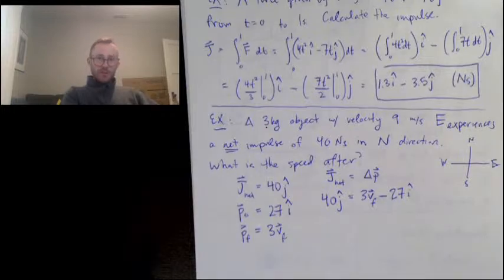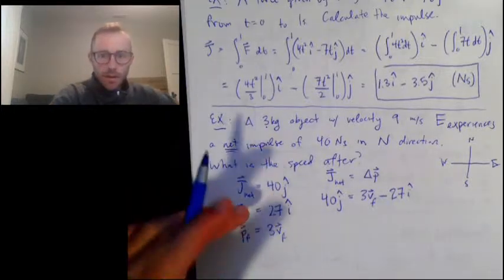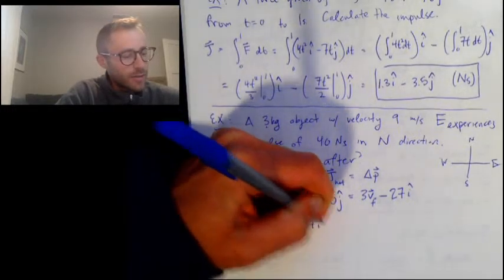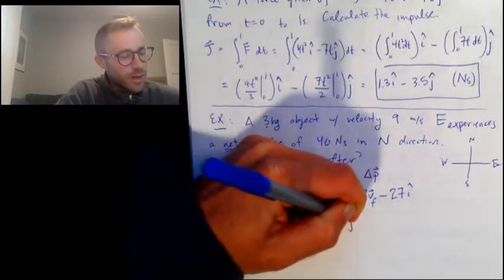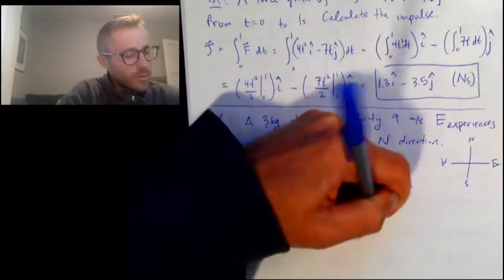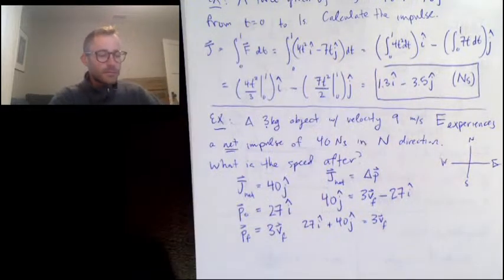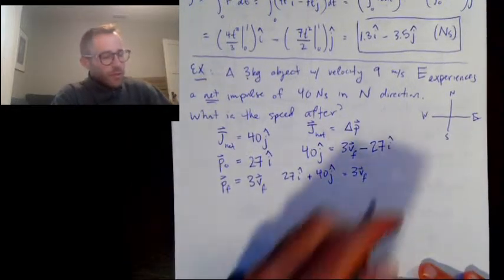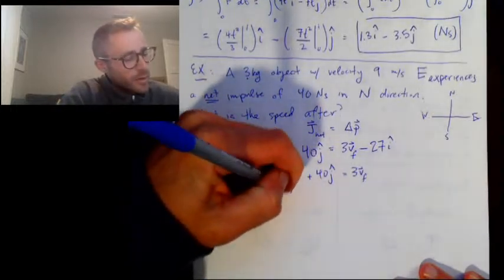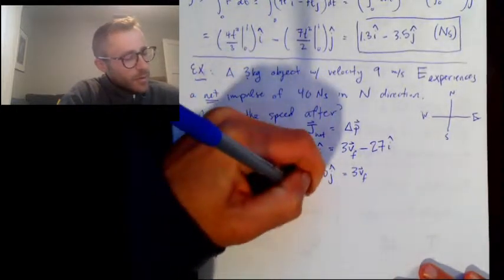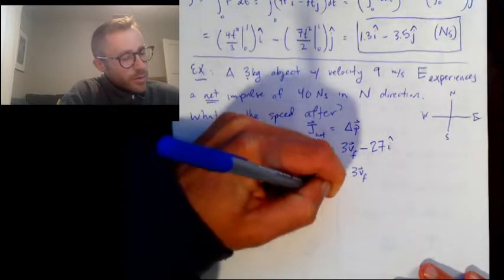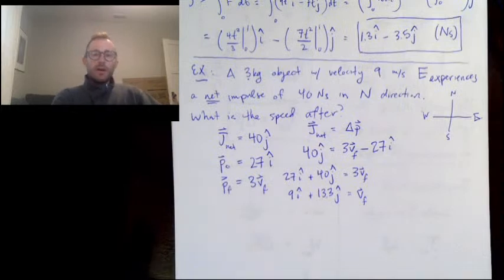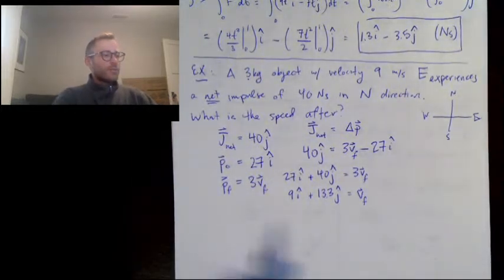We're trying to solve for V final. So I add 27 i hat to the other side: 27 i hat plus 40 j hat equals 3 V final. Divide both sides by 3, and I get 9 i plus 13.3 j as the final velocity vector. But I did not ask for the final velocity vector.